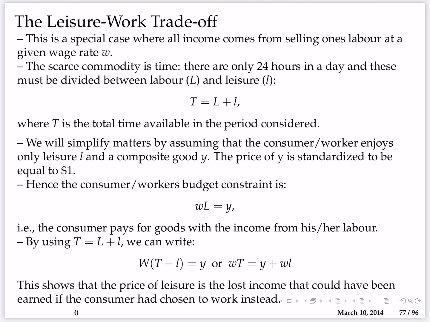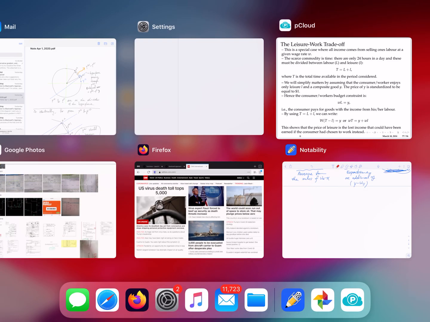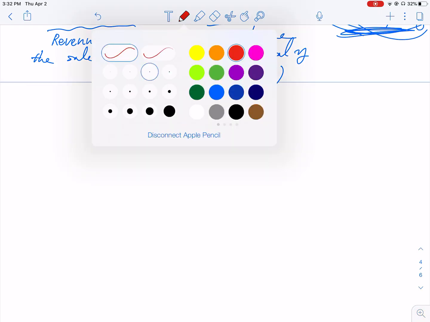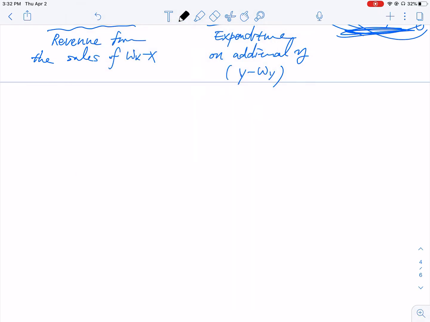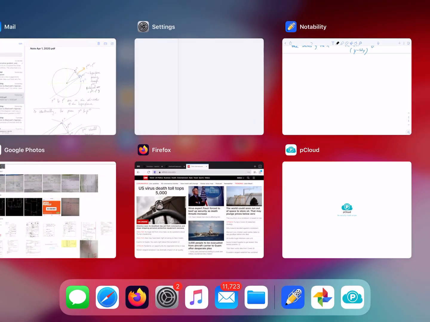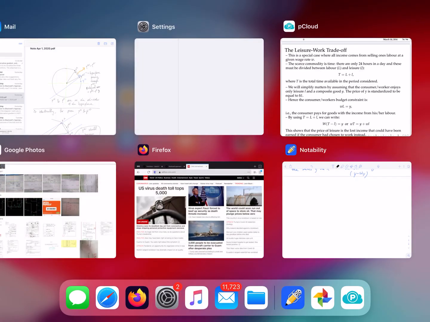So maybe it's better to write this down using the scratch paper. All right. What is the title? I forget. Leisure-work trade-off, right?